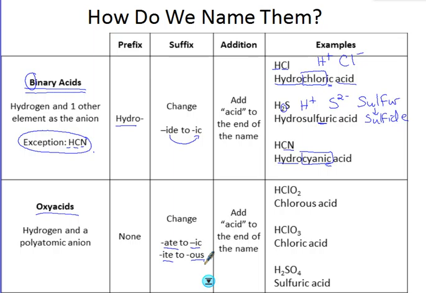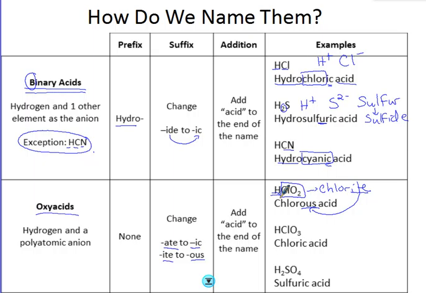So here you go. We've got chlorous acid. Okay, chlorous. So this is a chlorite anion. This is chlorite, and this "ite" goes to "ous." No hydro in front. You just take chlorite, make it chlorous, and put acid at the end. Again, I've got an H at the beginning, and that's the way I know it's an acid.